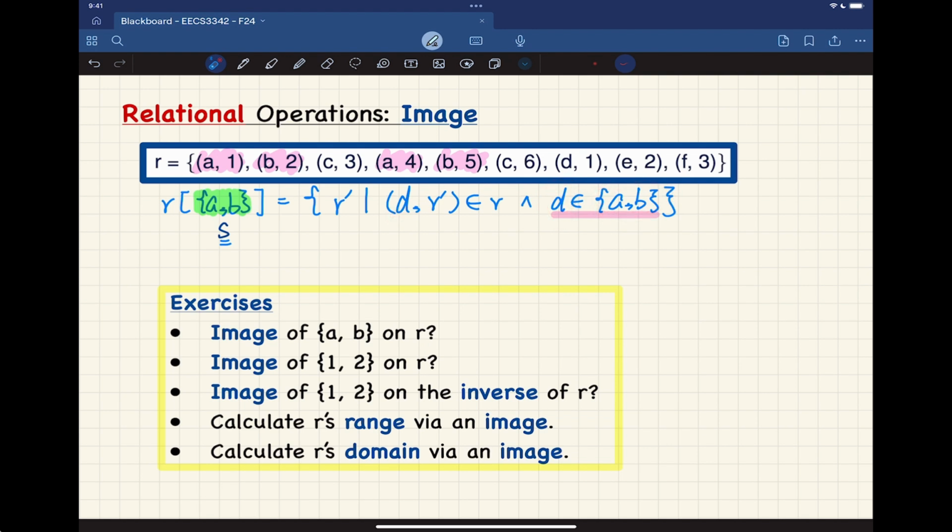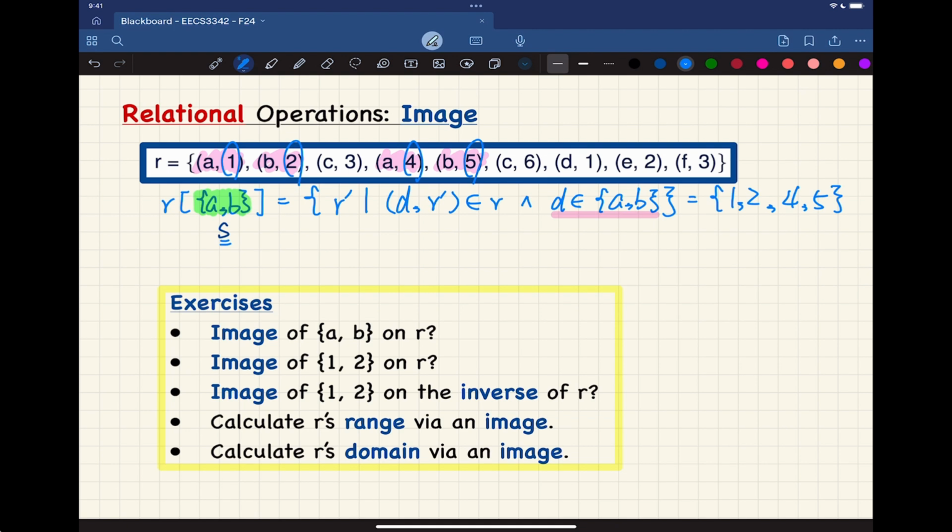But the resulting set is not going to include each pair. Instead, it's only going to include the range value, the second value, basically. So it's going to be 1, 2, 4, and 5. That's the relational image. Okay?